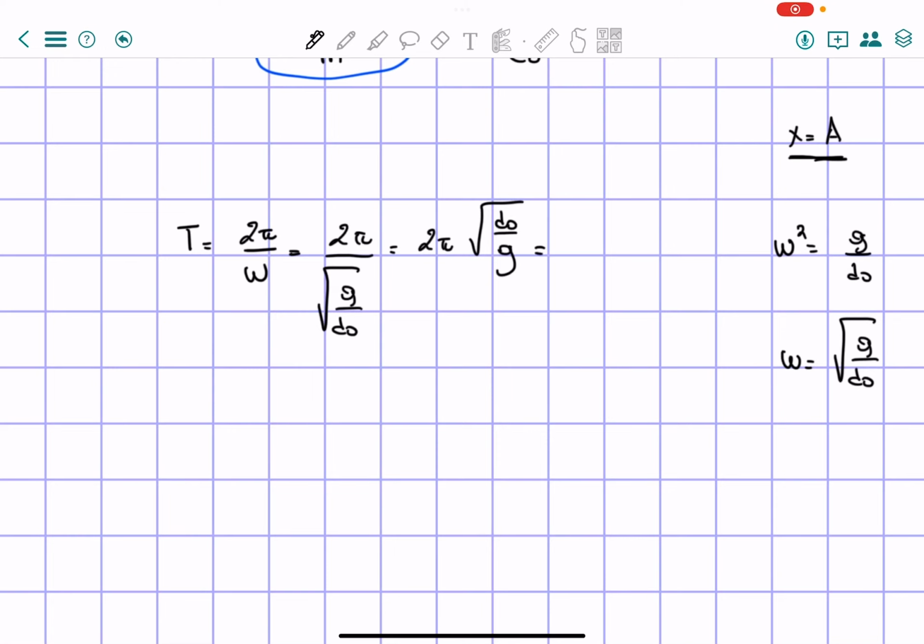So now in our case, we're given that d naught is equal to 20 centimeters. So we're going to have 0.2 meters divided by 9.81, which then equals 0.9 seconds. And that is our period.